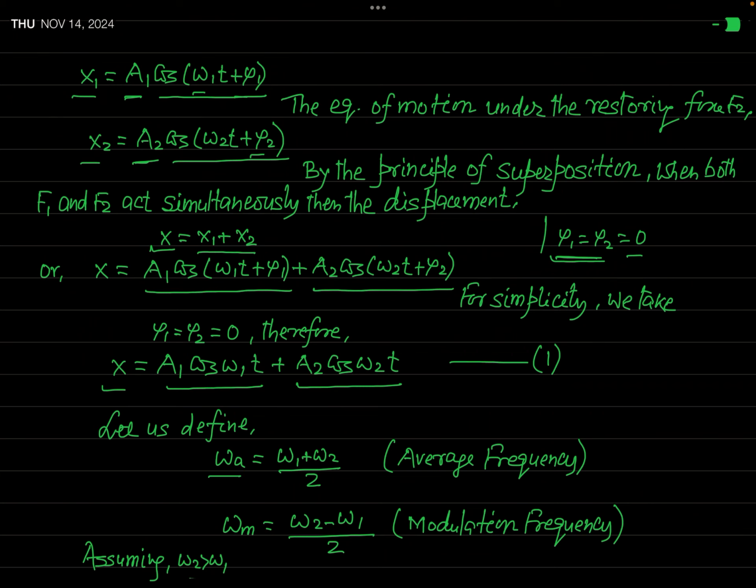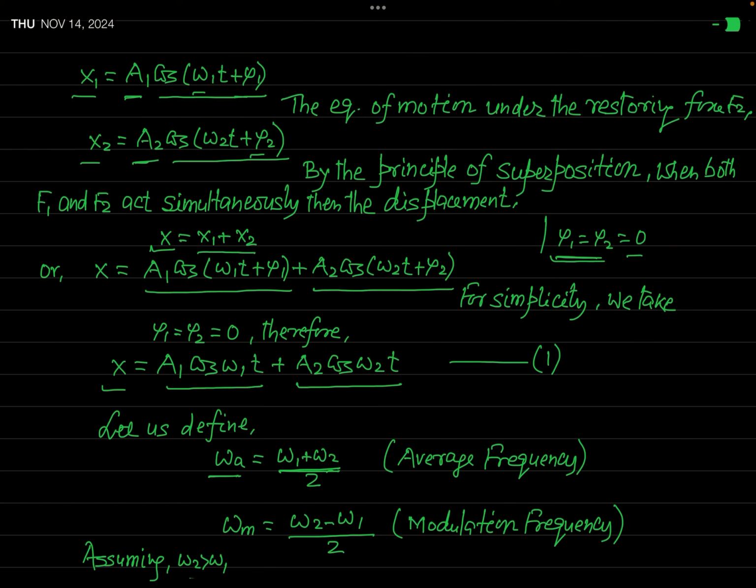Here the subscript A stands for average. Since omega 1 and omega 2 are the individual frequencies, their arithmetic mean is omega 1 plus omega 2 over 2. So we define omega A as omega 1 plus omega 2 over 2.